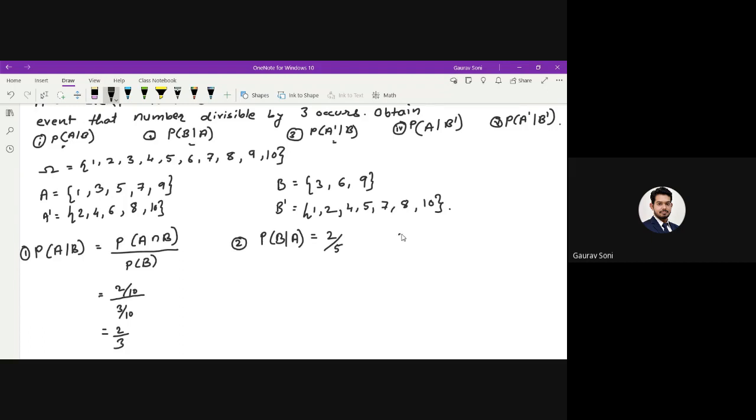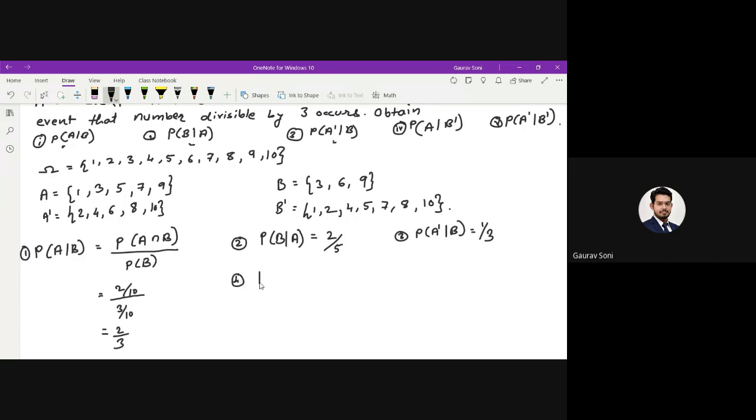Third: so 2 by 3 again? It is 1 by 3. There are no 2 points in the intersection of A complement and B. If you take the intersection, there is just 1 point there.